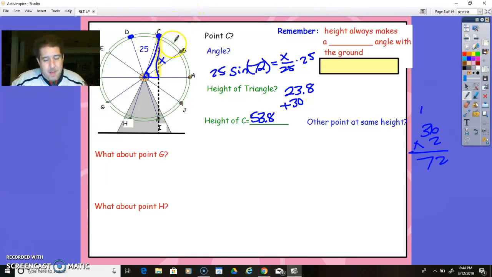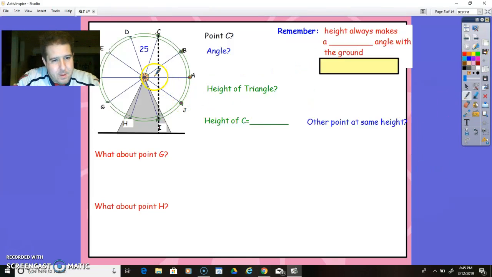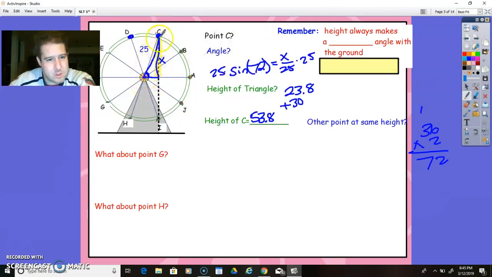Now, that's really all the sines and cosines that we have to do, because if I erase this all out, this triangle right here and this triangle right here are exactly the same triangle, but they've been reflected.